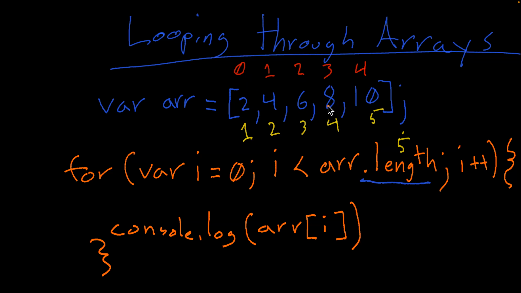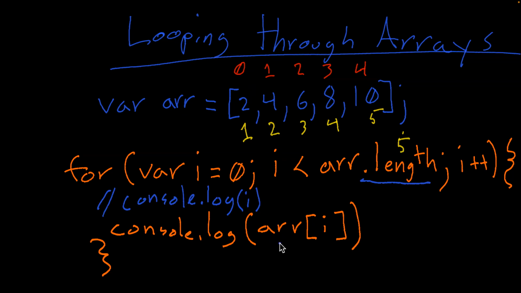If I wanted to just write the index number, it would look something like this. I'm just going to put this as a comment. So we would console log i. i itself is the index position. But what we need is the array at the index position.